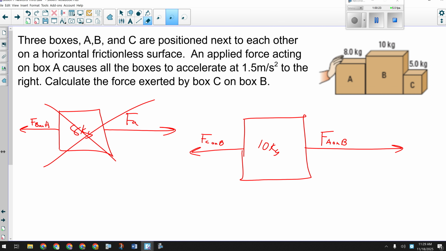Can I calculate the net force acting on this box? This box is accelerating at 1.5 meters per second squared to the right, and the box has a mass of 10 kilograms. So that means that the net force is 15 newtons. That's the m times a part of it. Here's the sum of all forces part.